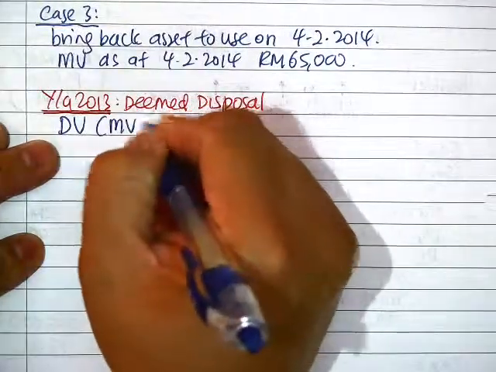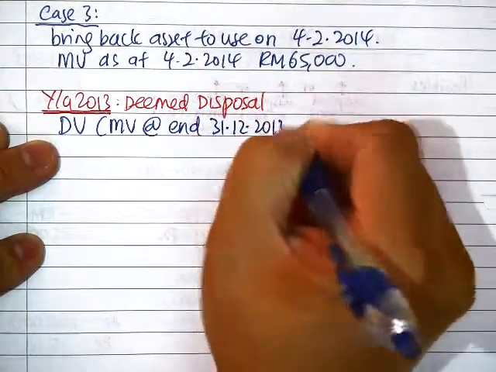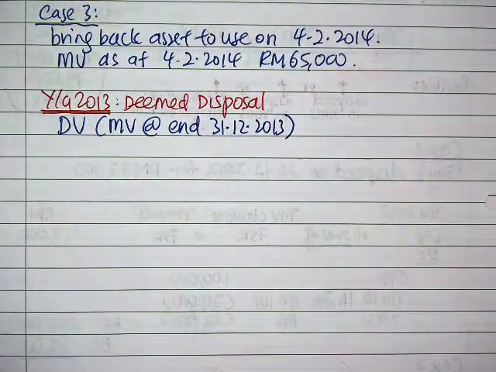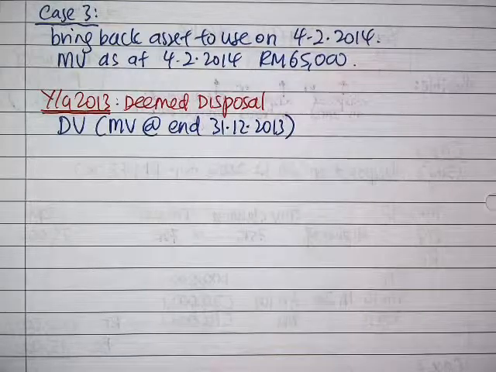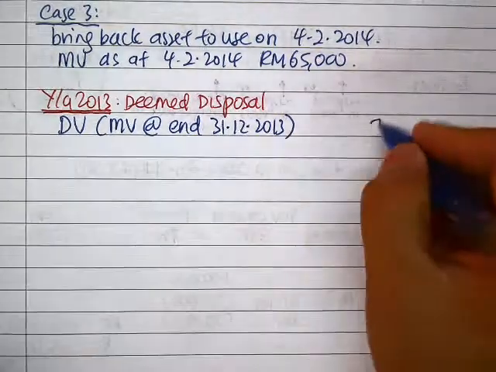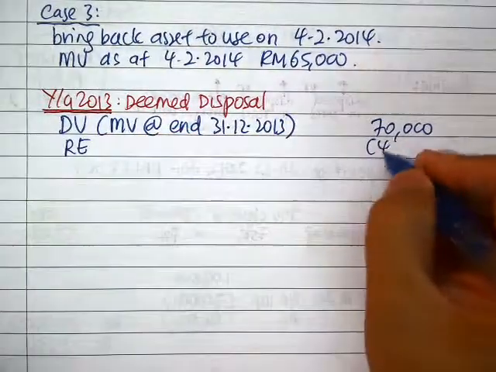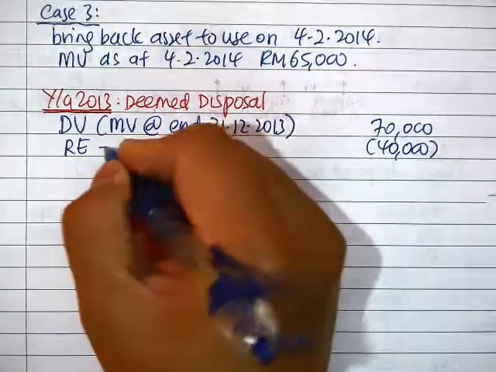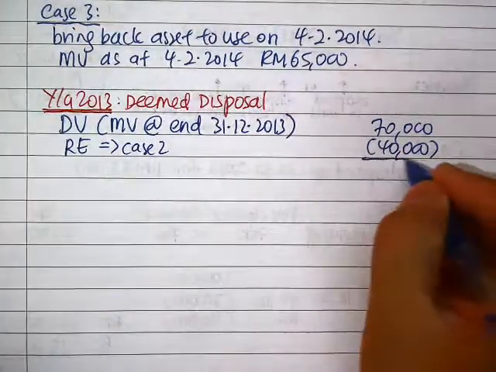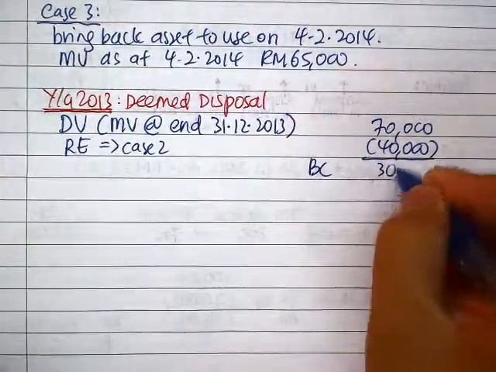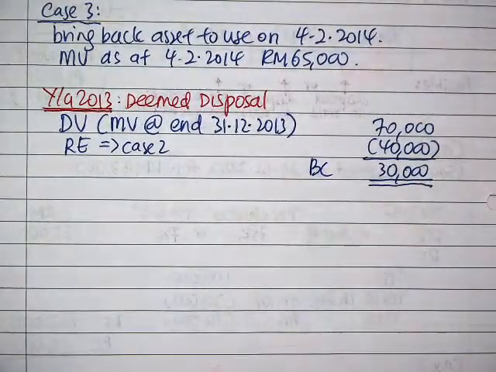Disposal value is market value at the end of December 2013, following the classification. Now that one is 70,000. Now RE, just now we calculated in case 2, is 40. So balancing charge is 30. So there's a BC.